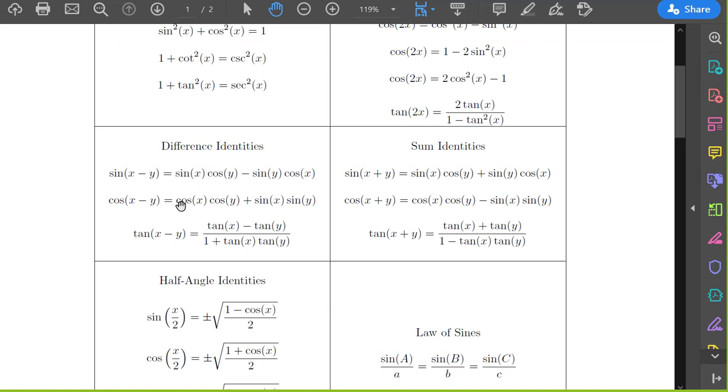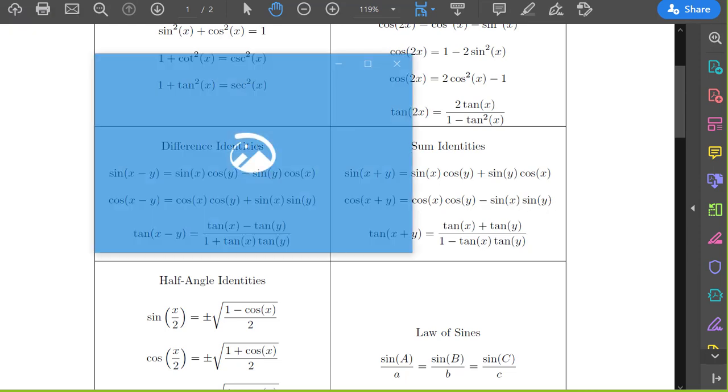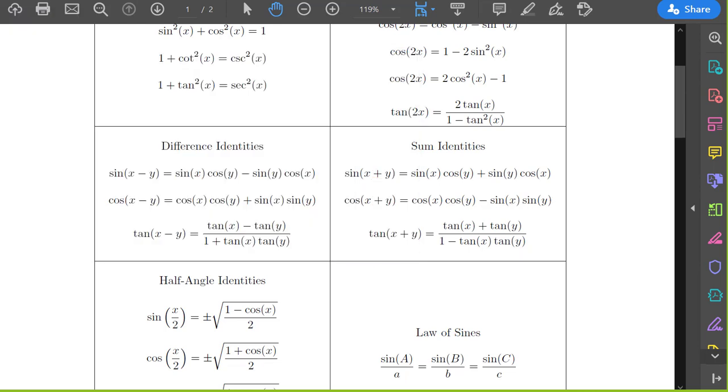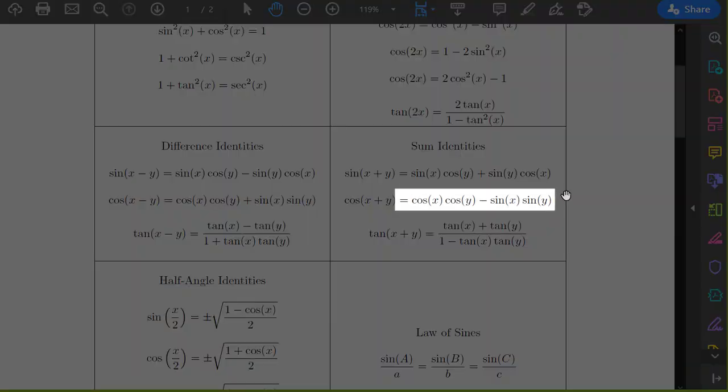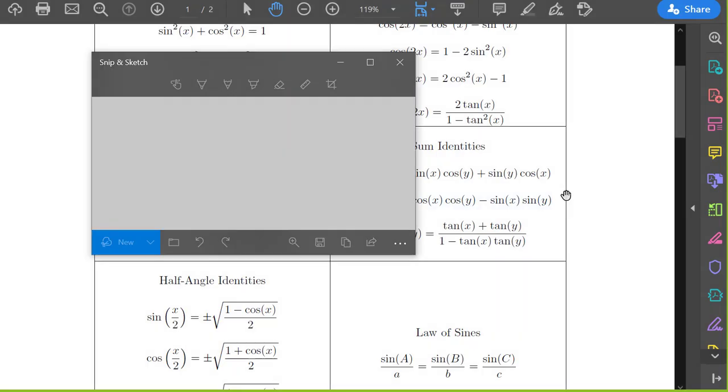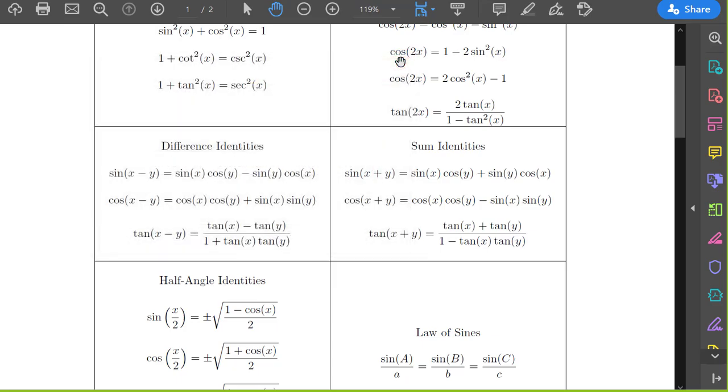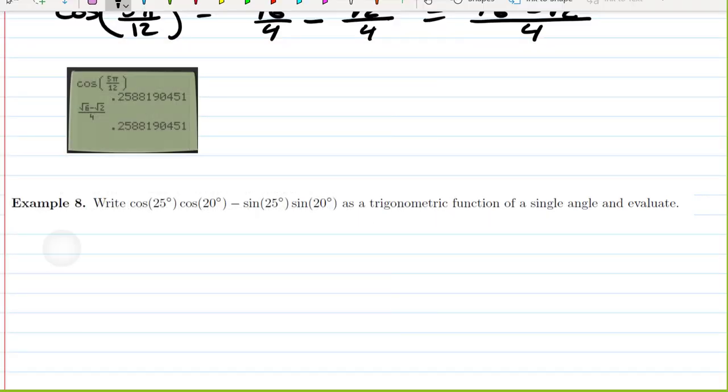So we need something in here that goes cosine, cosine minus sine, sine. Sine, cosine, cosine, cosine plus sine, sine. So that's not right. Sine, cosine, that doesn't work. Finally, we get here cosine, cosine minus sine, sine. So we see in our sum identities, we identify that this is the cosine of x plus y.